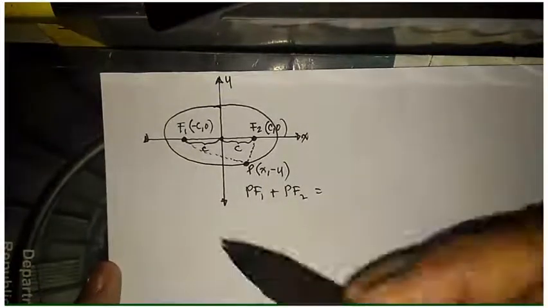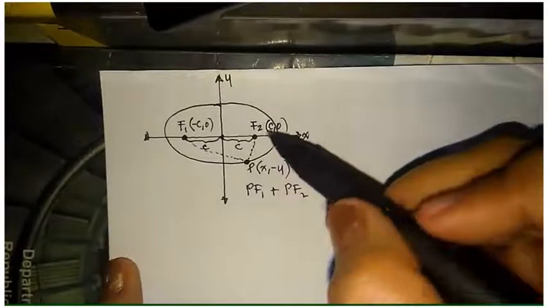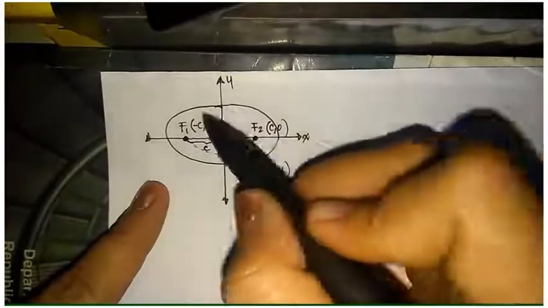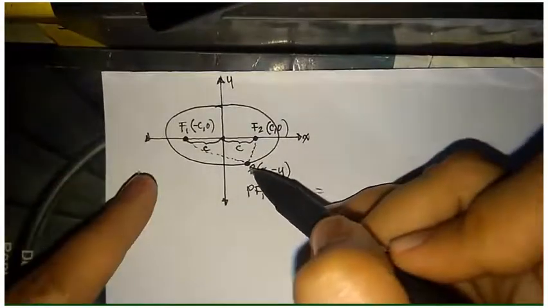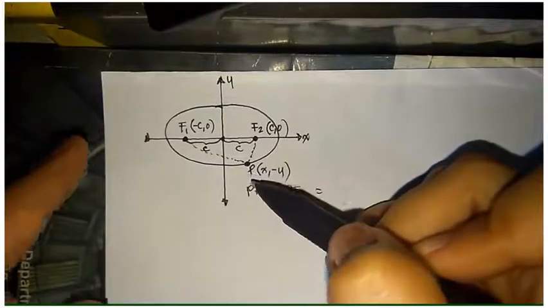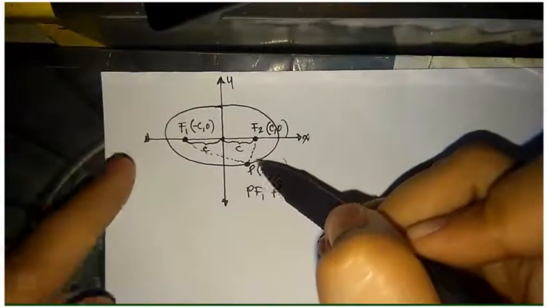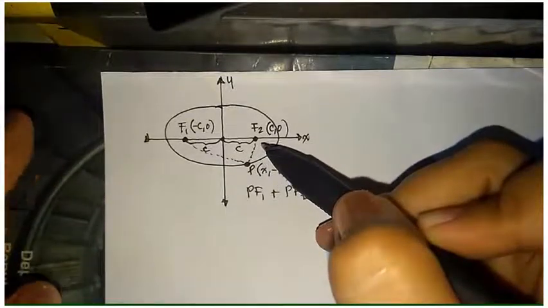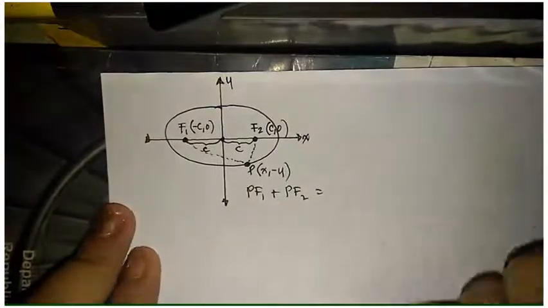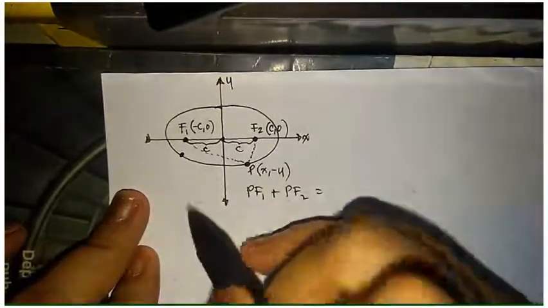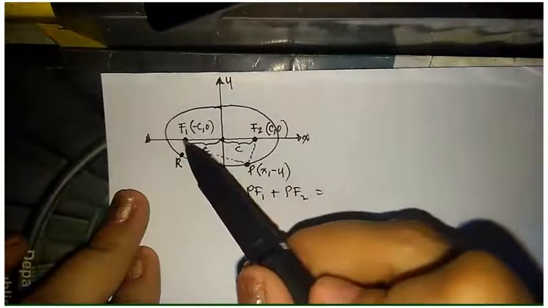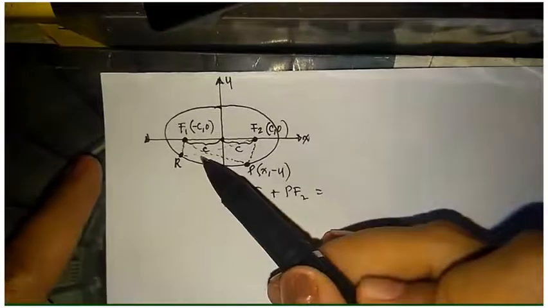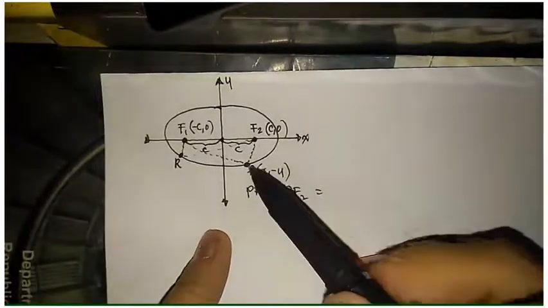A common sum because that particular sum is also equal to the sum of the distances from the two foci to any point on this ellipse, just like point P. For instance, we have a point here, let's say this is point R. Then F sub 1 to R plus F sub 2 to R would have the same sum as P to F sub 1 plus P to F sub 2.